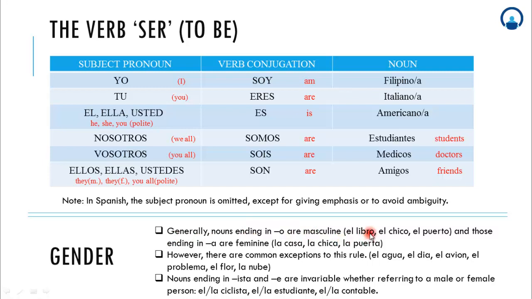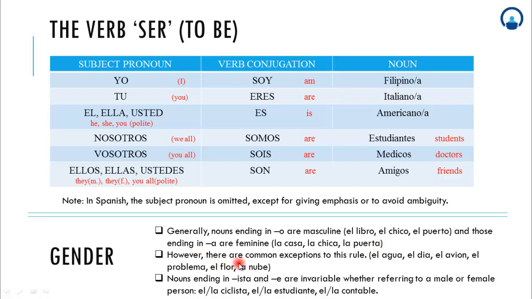Libro is a noun ending in o, so it is masculine. Similarly, chico, puerto. For your reference, el libro means the book, el chico means the boy, and el puerto means the port. And if there is a noun ending with a, it is feminine. For example, la casa, la chica, la puerta. That means la casa means the house, la chica means the girl, la puerta means the door.